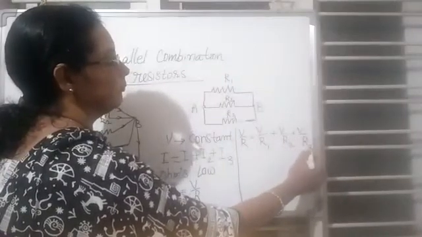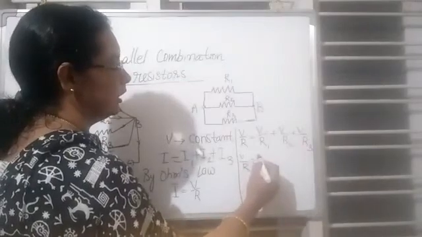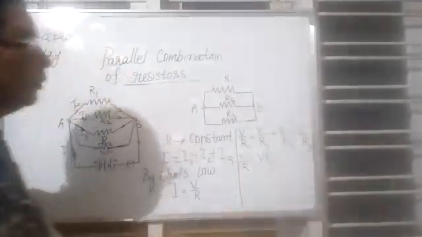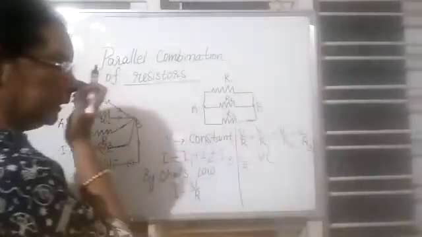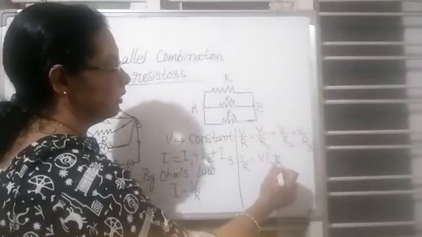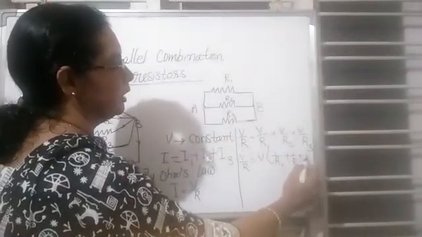Now let us take V as common in all this. V is common for all, constant. If we take out V, here it becomes 1. So 1 by R1 plus 1 by R2 plus 1 by R3.